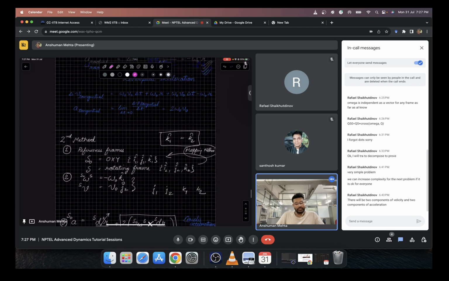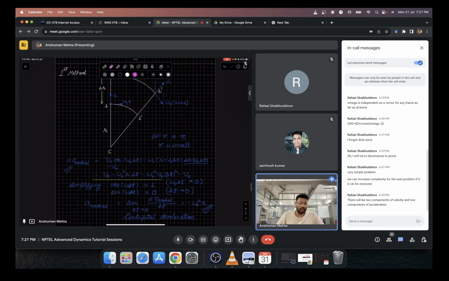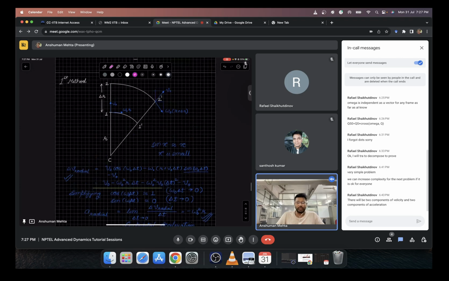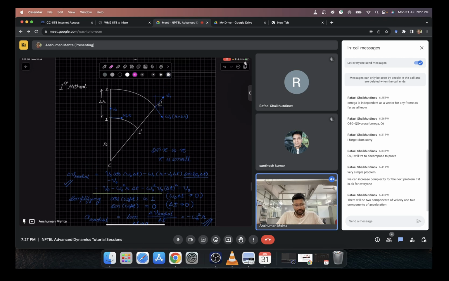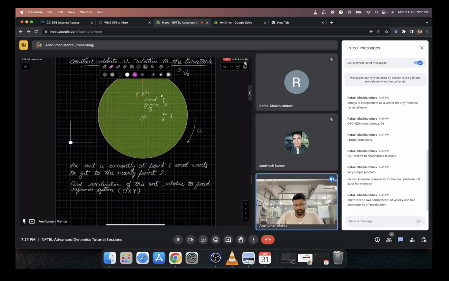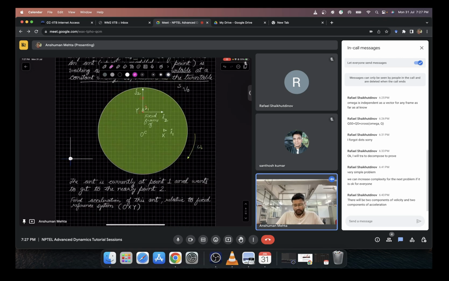So this J1, J2, and I1, I2, and K1, K2, they also have a similar transformation matrix, which we can easily get by just observing the frames. For example, if we take this as I1, this is J1, this is I2, this is J2.